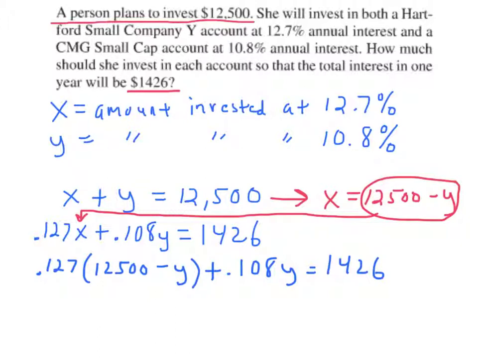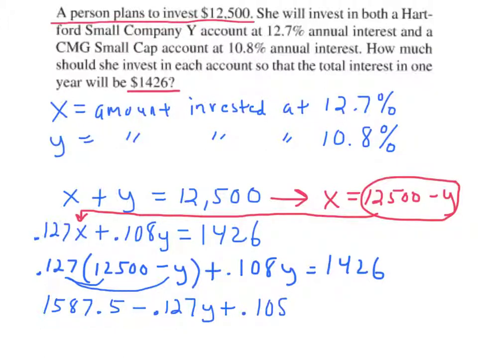Next we have to distribute to remove the parentheses, so this 0.127 has to be distributed through here. So that would give us 1587.5 minus 0.127y plus 0.108y equals 1426.